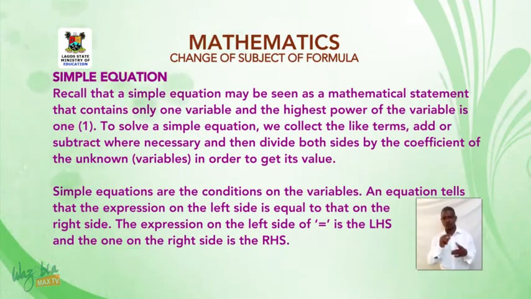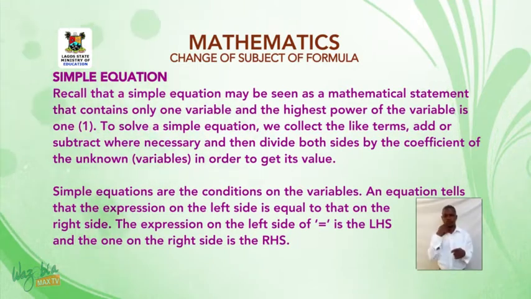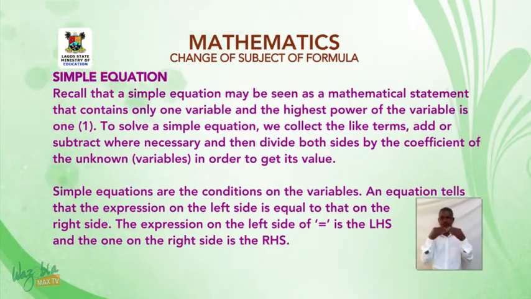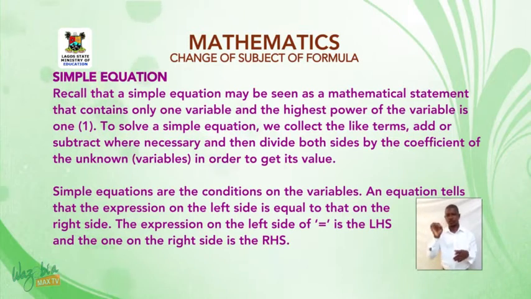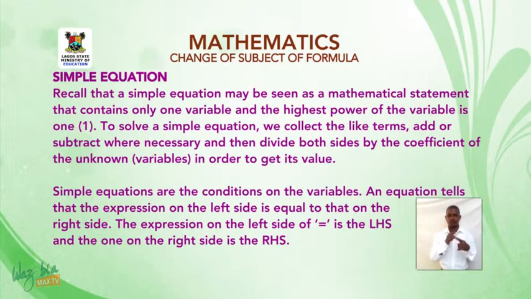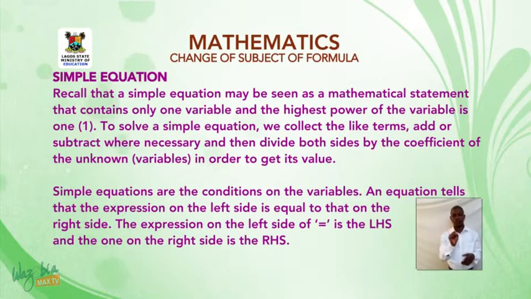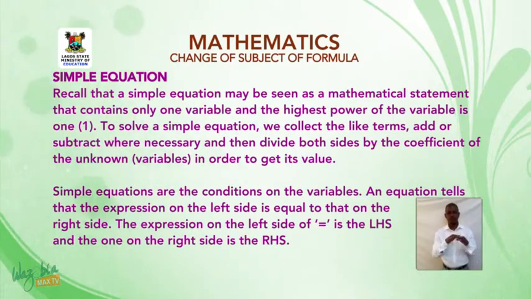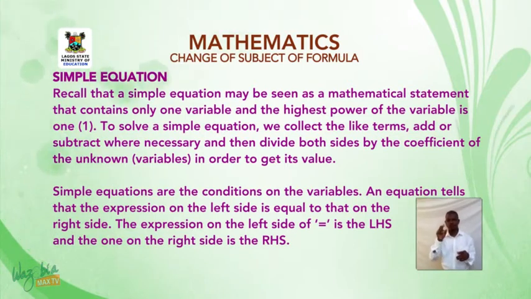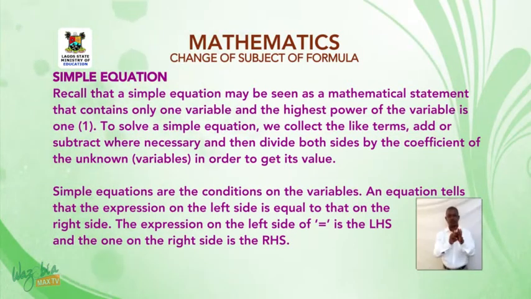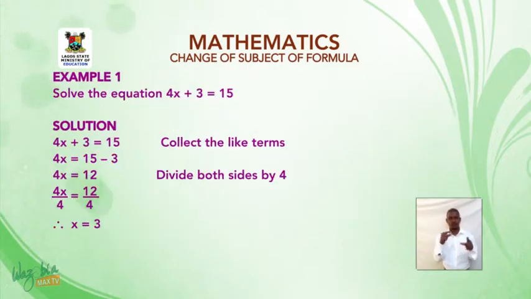Simple equations are conditions on the variables. An equation tells that the expression on the left side is equal to that on the right side. The expression on the left side of the equal sign is the LHS, and the one on the right side is the RHS.